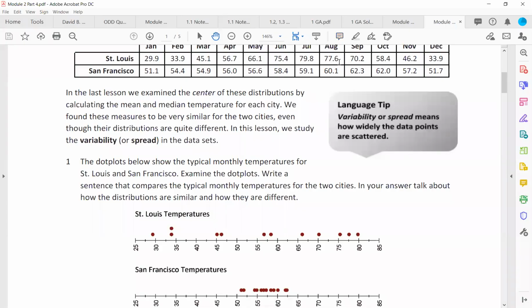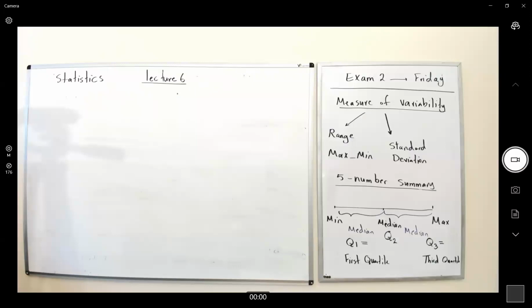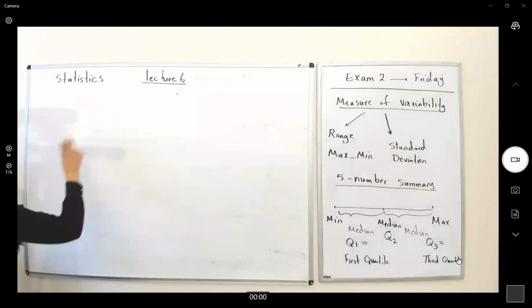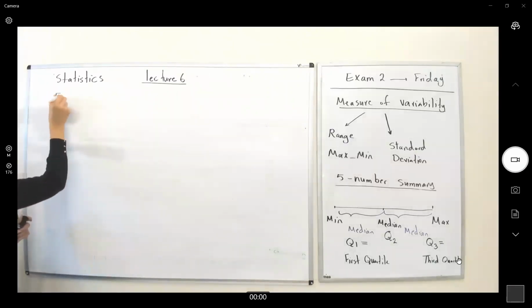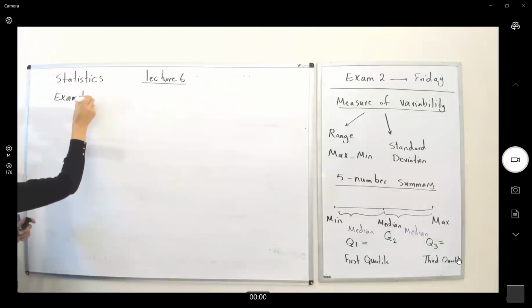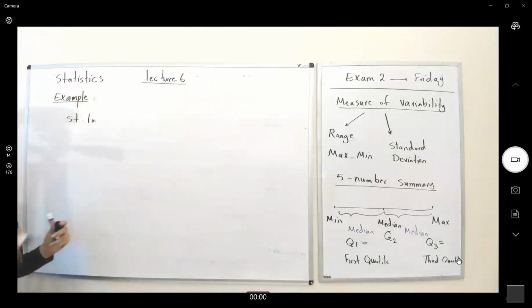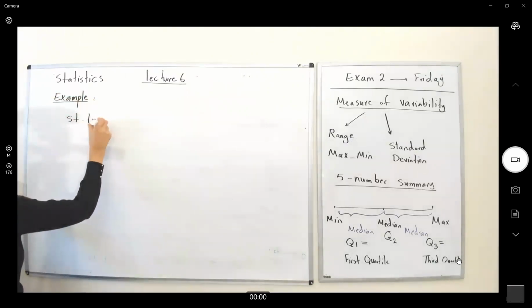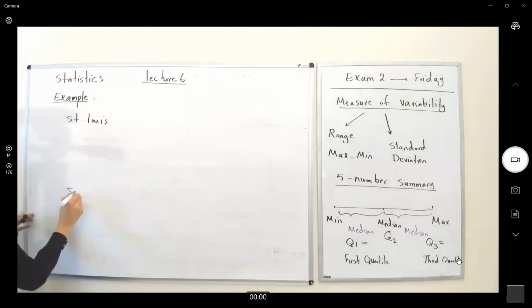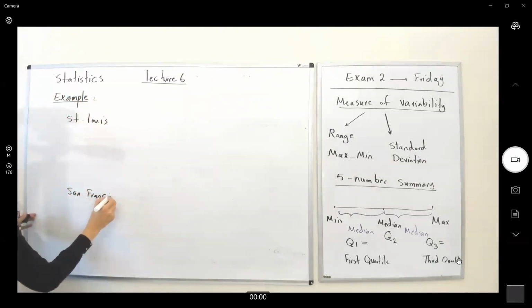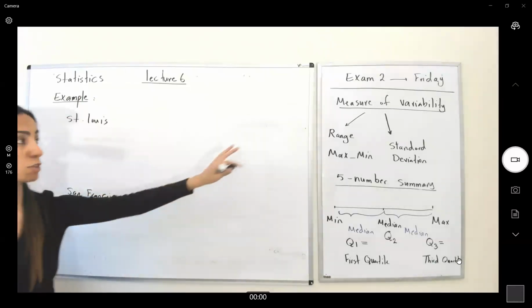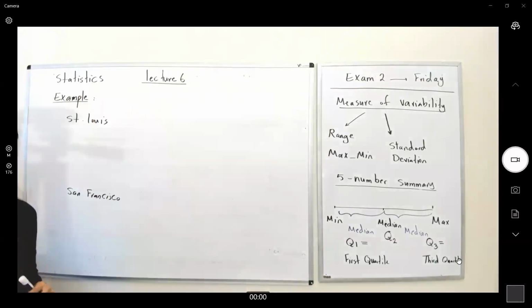Well, let us find the range of the collection. So in this example, we have temperatures of San Luis and San Francisco. San Luis is the first one, and the second one is San Francisco. So we're looking for the measure of variability for these two collections. Let's find the range first.